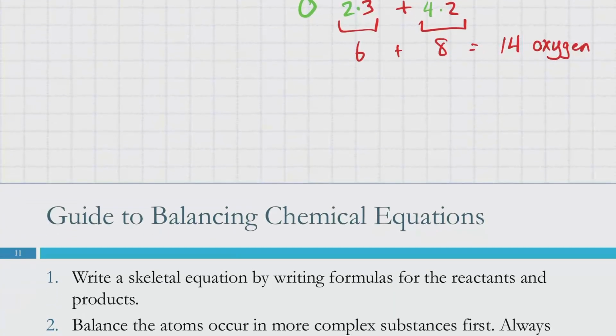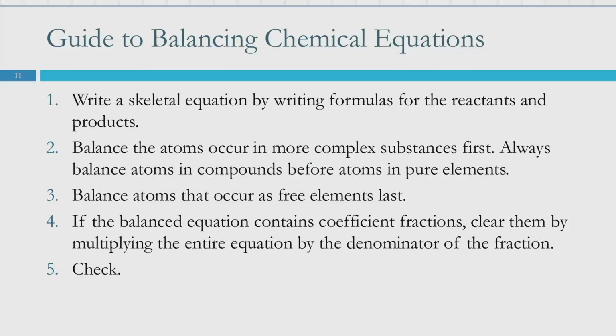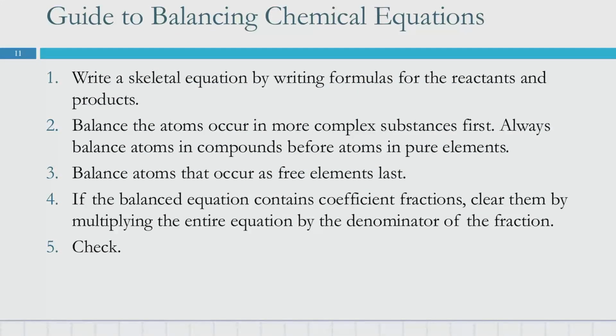The steps that we're going to generally follow, the steps that I recommend following for most chemical equations, first thing that we have to do is write the skeletal equation. Reactants and products as chemical formulas.